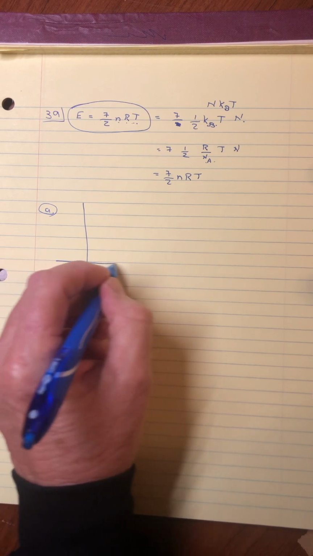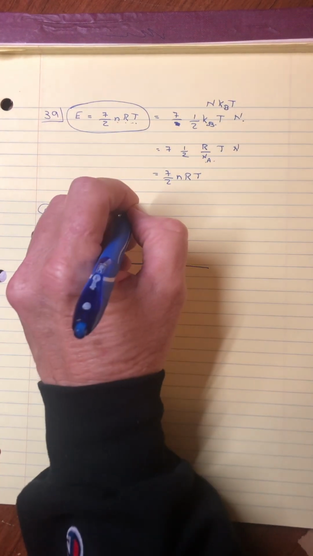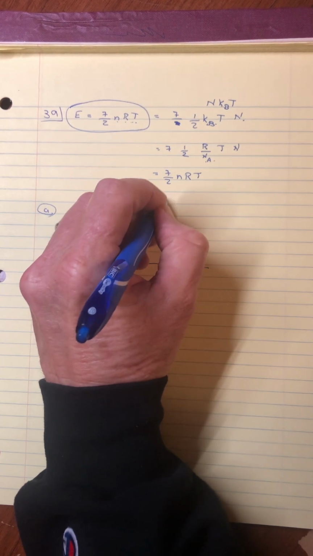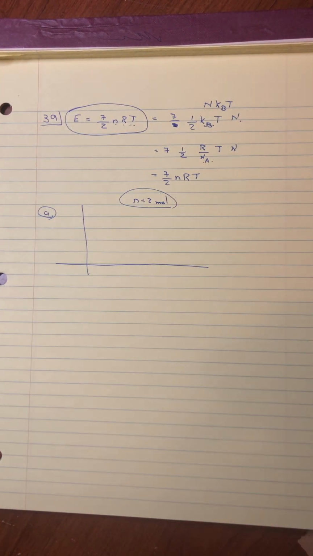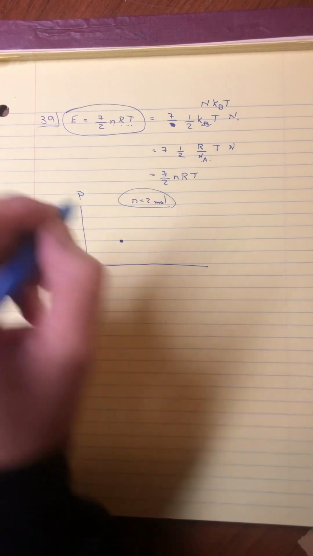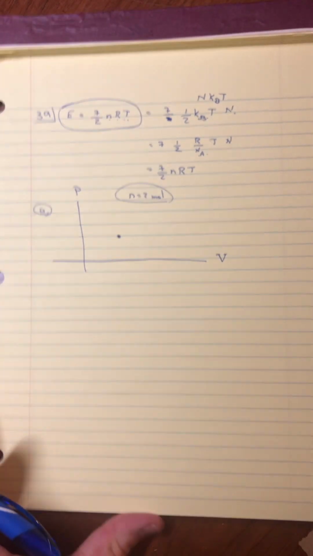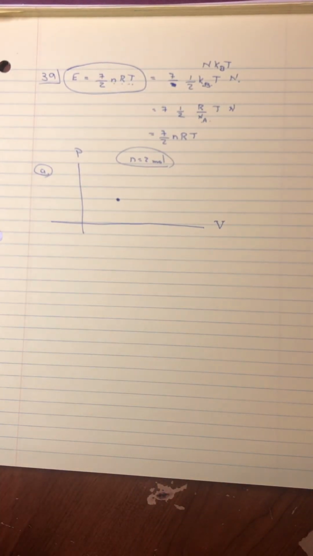So A would look like this. Keep in mind, they did say that we have a 2 mole sample, so we've got lowercase n equal to 2 there. And we are going to start our gas, and I'll put it on my PV diagram. Let me take a moment to say, I would always do yourself a PV diagram. It really helps.